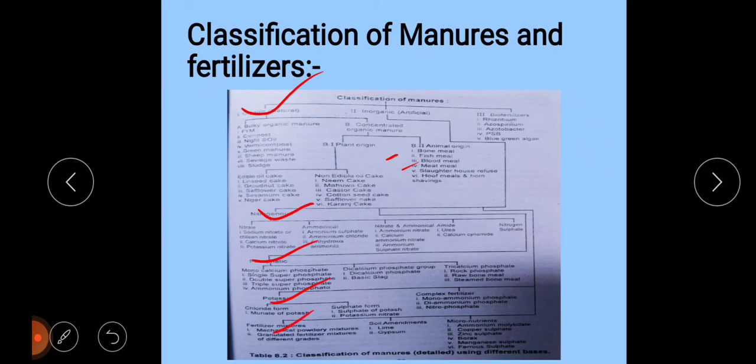Firstly, fertilizers mixed by mechanical powdery mixture, then granulated fertilizer mixtures of different grades. The second one is soil amendments. Lime and gypsum are two distinct, very important soil amendments.